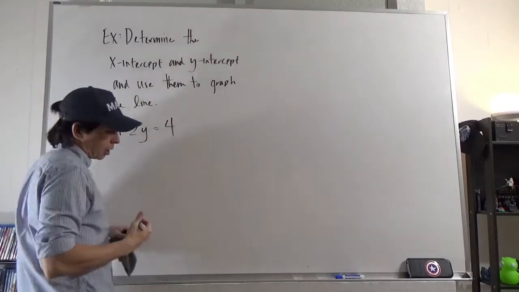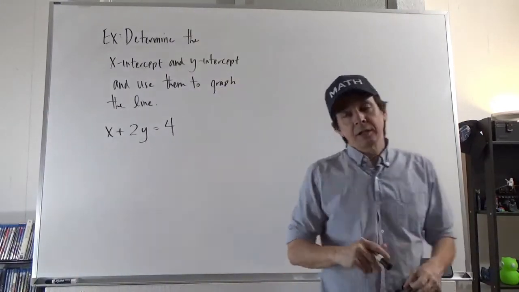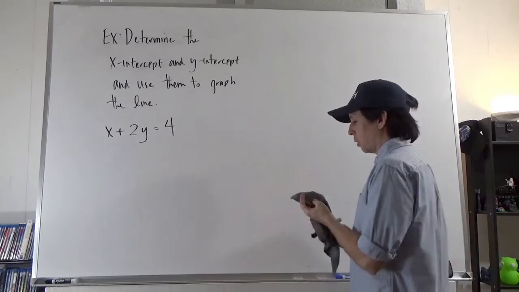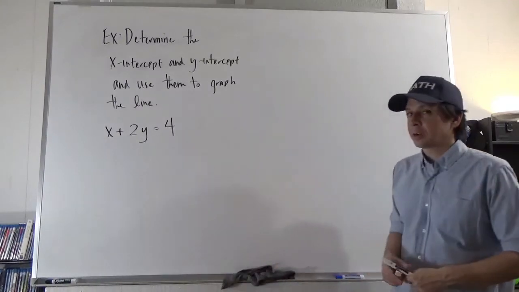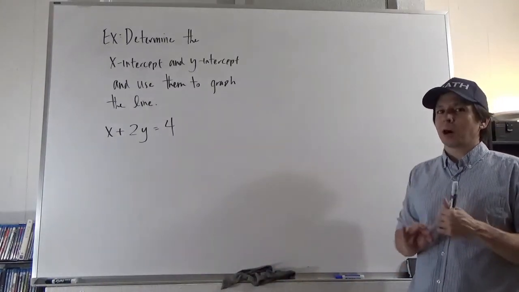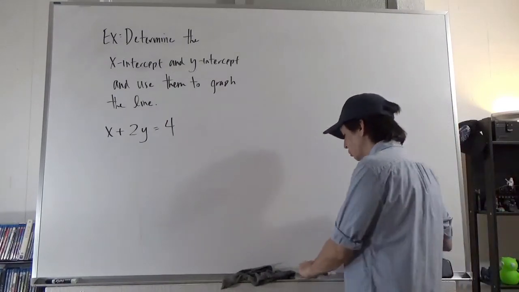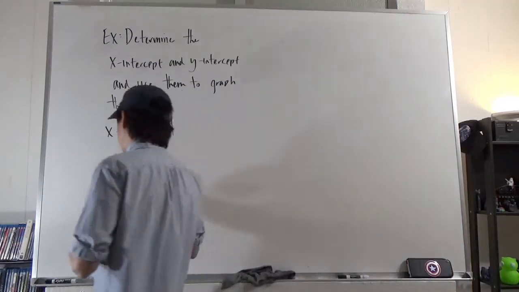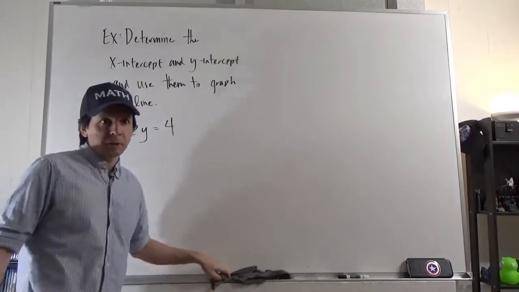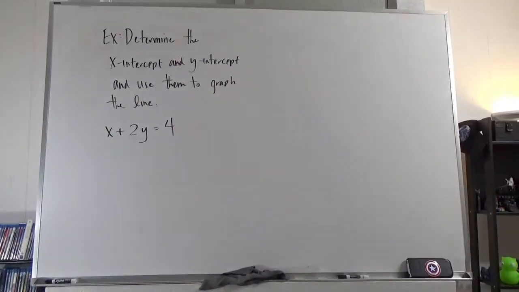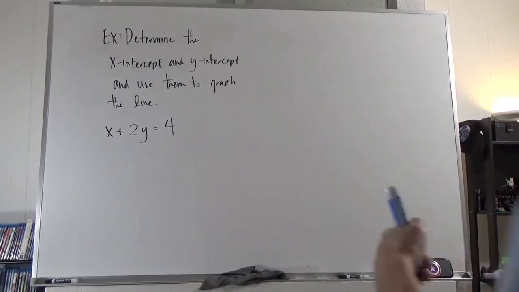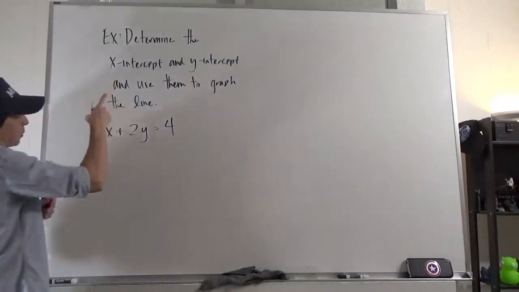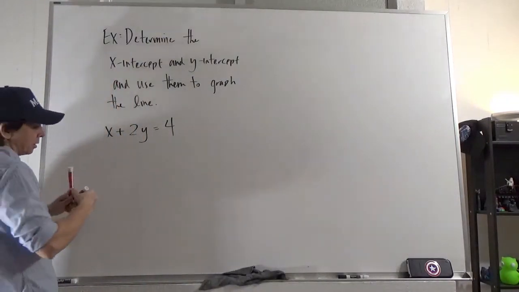Now a lot of times, not always, I'll give it to you in a form that's not slope-intercept form. And here's the thing about this, you generally don't want to bother to put it in slope-intercept form in this particular instance. So I'll write it in your notes. Where's my red pen? So for this specific purpose of finding intercepts, oh, and I will say x-intercept, y-intercept.